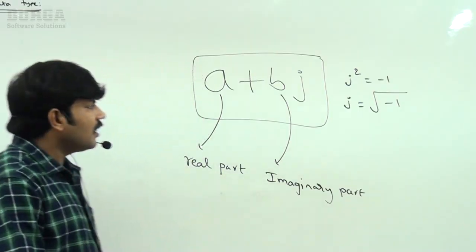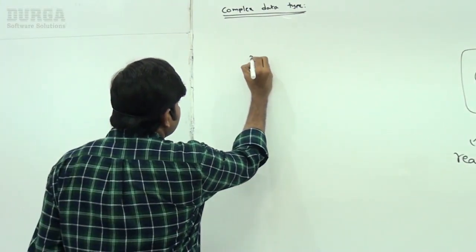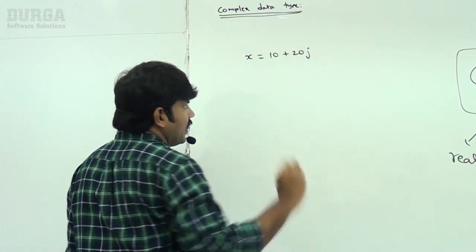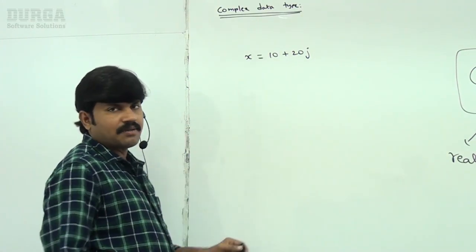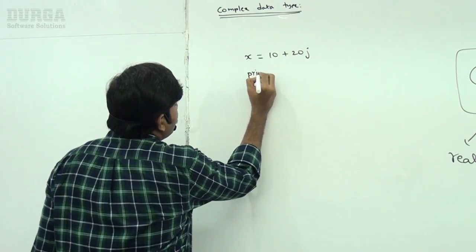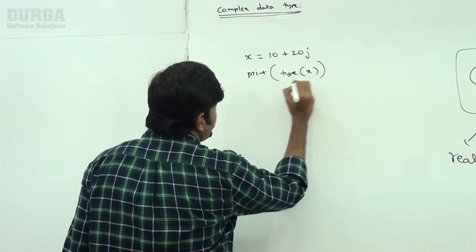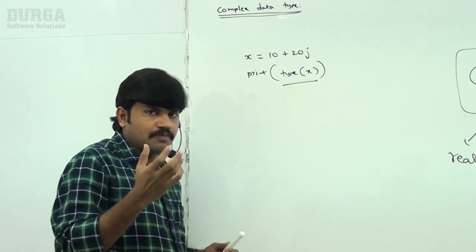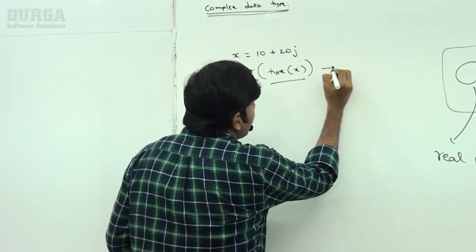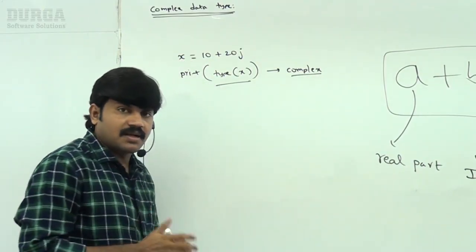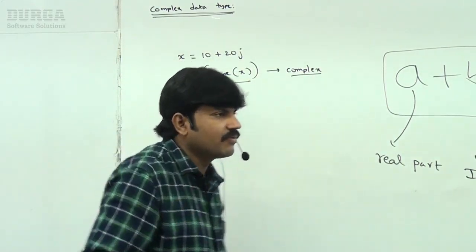Like, sir, now let me take x is equal to 10 plus 20j. Yes, it is a complex number. Let me print type of x. Can you spell out what is this type? Obviously, it is the complex type. Now have a look once.